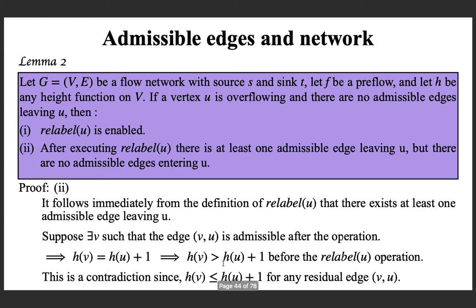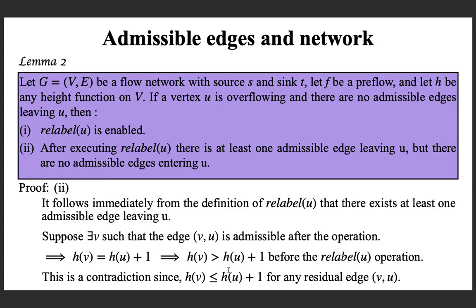And so it is a contradiction, because we know that for any edge in the residual network, if you want to have an edge from V to U, what you need is that the height of V is less than or equal to the height of U plus 1. This is a basic property of the height function, and that is what we discussed in the first slide of the previous lecture.